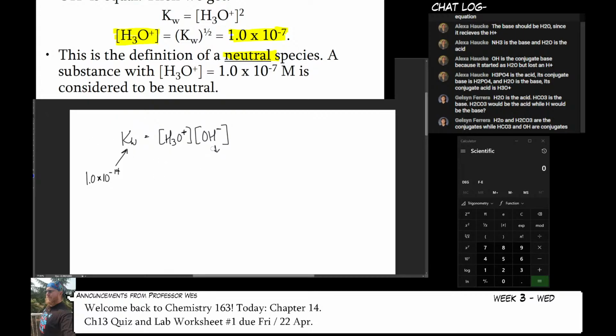Likewise, if I have more of this one, then I would have less of this one. So again, if I have this amount of H3O+, I am neutral.